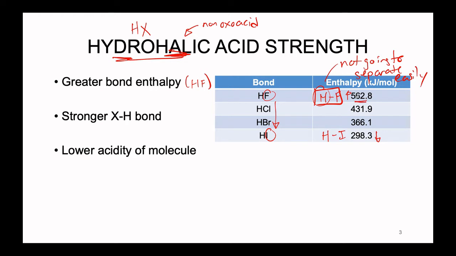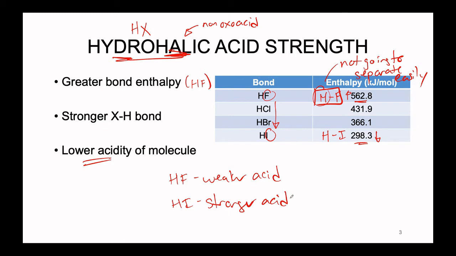We can break the bond if we put in 562.8 kilojoules for every mole of HF we have, but the higher bond enthalpy relative to some other molecules we're looking at, like the HI, means that the acidity of the molecule is going to go down. In other words, HF is a weaker acid, HI is a stronger acid.